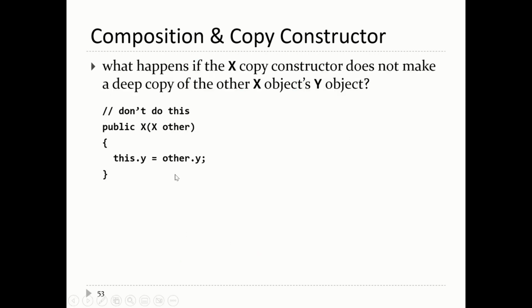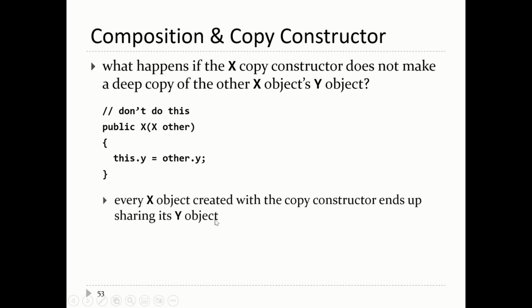If you write the following, this Y equals other.y, what have you said? You're saying that your Y object is the same object as the other object's Y object. So now you have two X objects that are sharing the same Y object. Neither has exclusive access to its internal Y. What ends up happening is every X object created with a copy constructor ends up sharing its Y object.